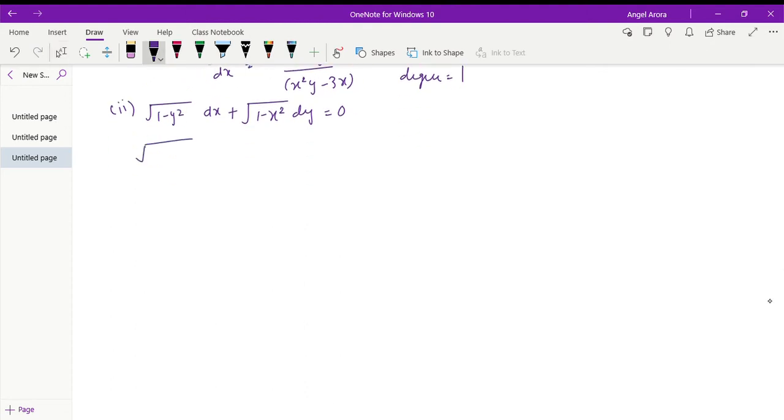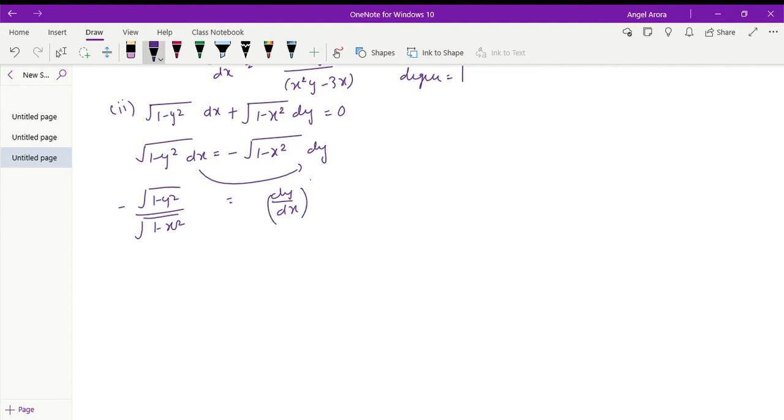So taking this here, dy upon dx is equal to 1 minus y squared upon 1 minus x squared. So the order of the differential equation is 1, because a first order derivative is given. And the degree has not been given, so we will imply that the degree is 1 because the power will be 1.